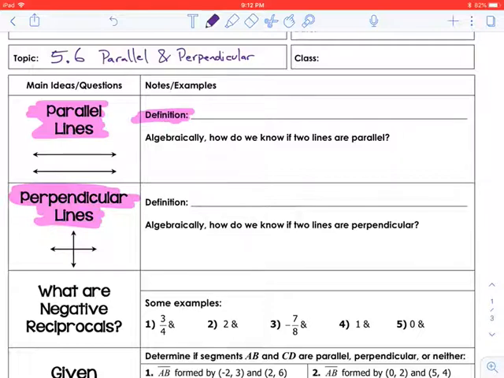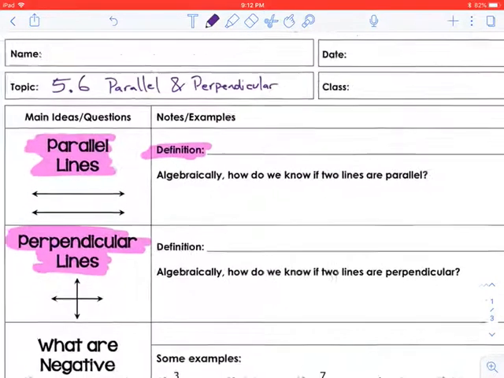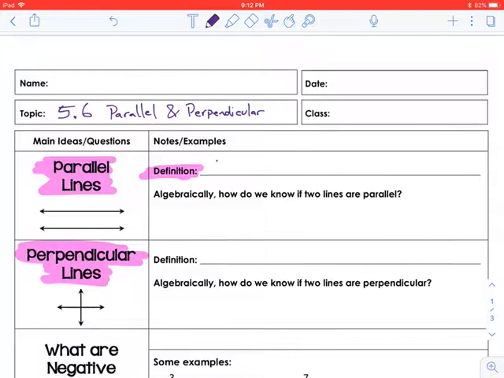So for parallel lines, a couple definitions, okay? The first one: parallel lines are two lines that never intersect, or in other words, they have the same slope.